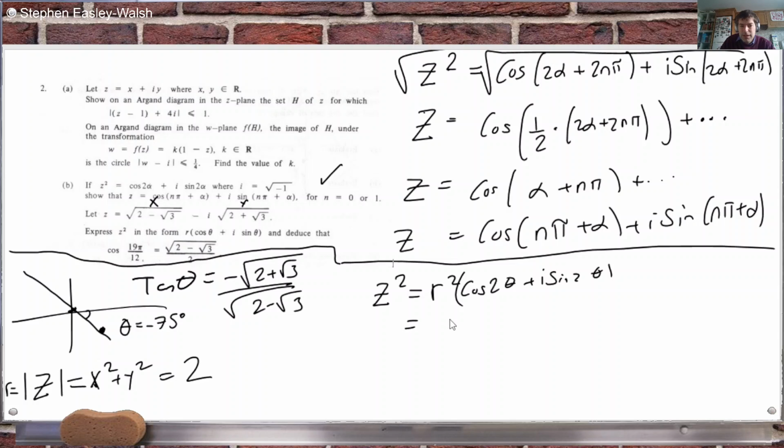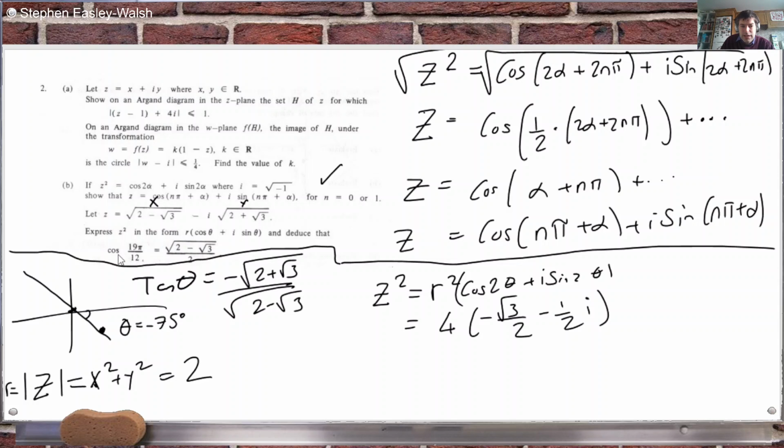So that would be 4, and then cos minus 150 is minus root 3 over 2, and sine minus 150 is minus a half i. So that's the Z squared in polar form.